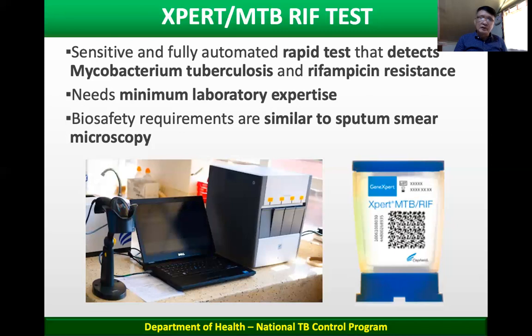So for the GeneXpert, when you test for TB specimen only, as long as you have good ventilation in the laboratory, same with your sputum microscopy, and you have your tabletops where to place your machine, that's already okay.